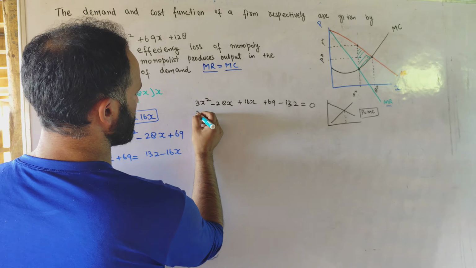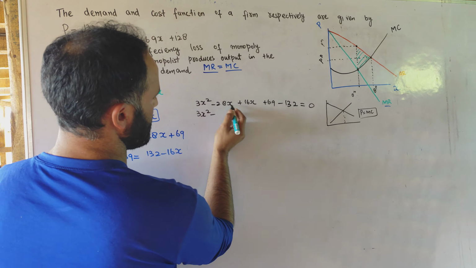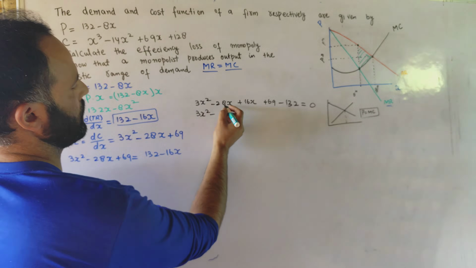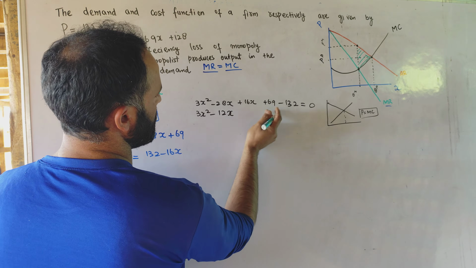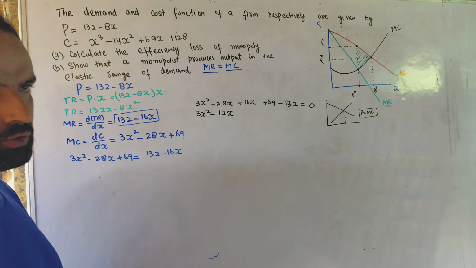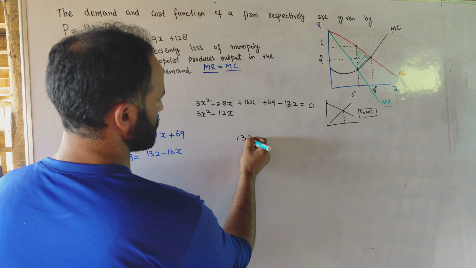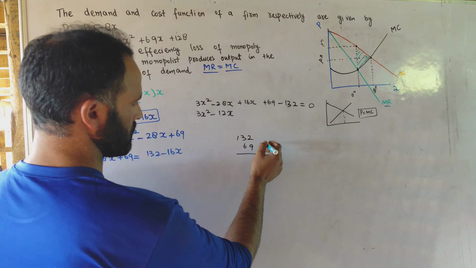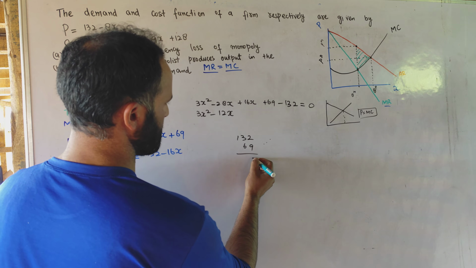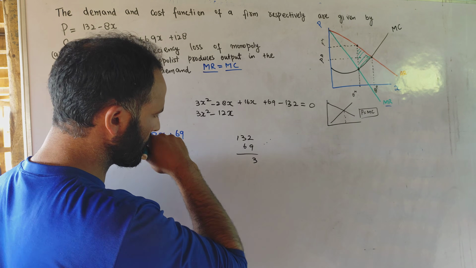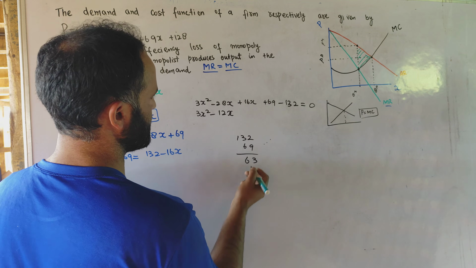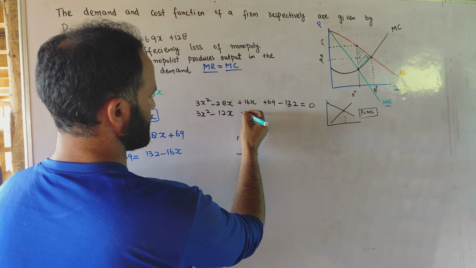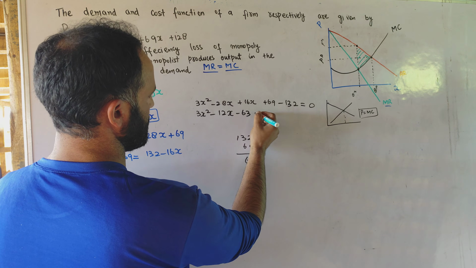We have 3x square minus 28 plus 16, which is minus 12x, and 69 minus 132, that is minus 63, equal to 0.